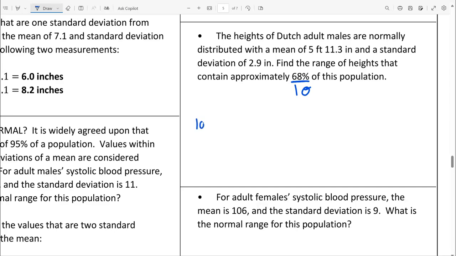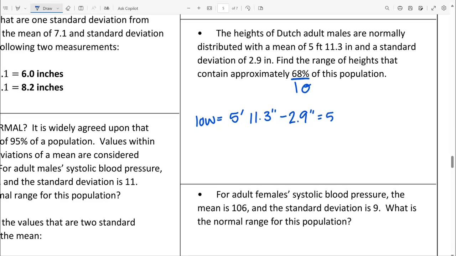For our low score, we start with our mean, 5 feet 11.3 inches, and then I'm going to subtract, because we're going down, 2.9 inches. If you subtract the inches, that leaves us with 5 feet and 8.4 inches.